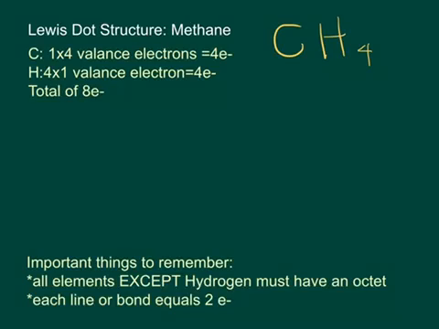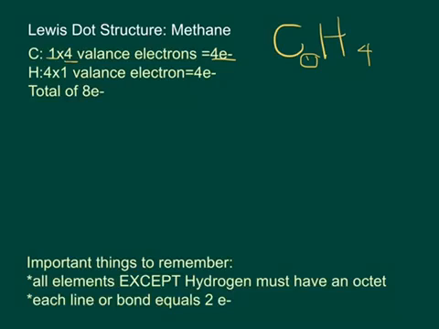So to begin the process, you want to find out exactly how many electrons you're going to have in your dot structure. So carbon, it shows up one time, right? So here's our 1. And then carbon, we should already know that carbon has 4 valence electrons. So 4 times 1 equals 4 electrons, which we have right there.